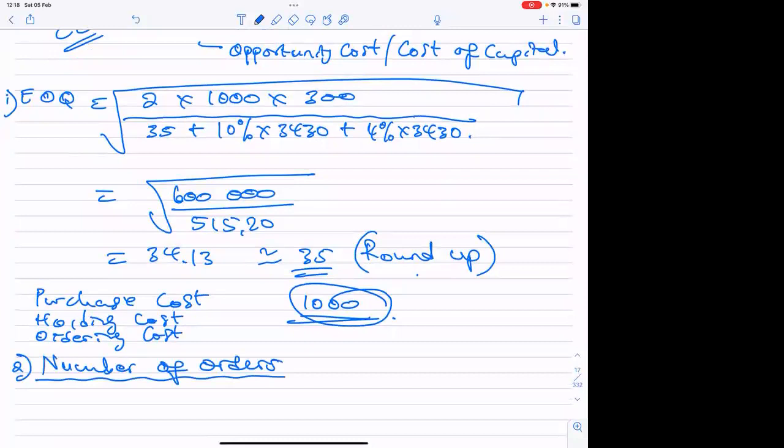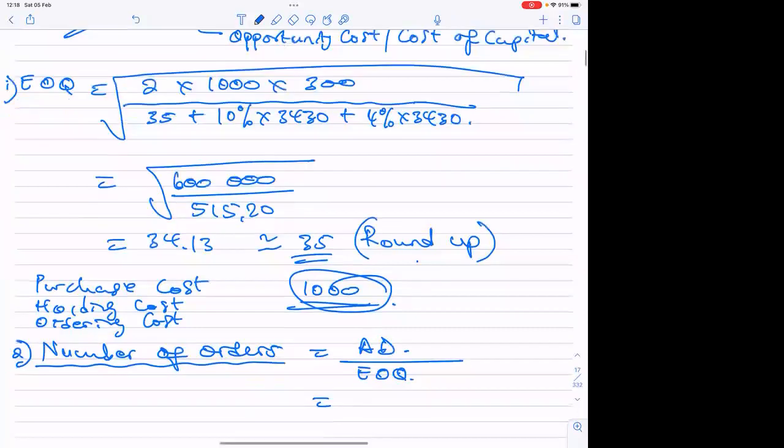From your mathematics, the number of orders will be the demand divided by the EOQ, or the annual usage.